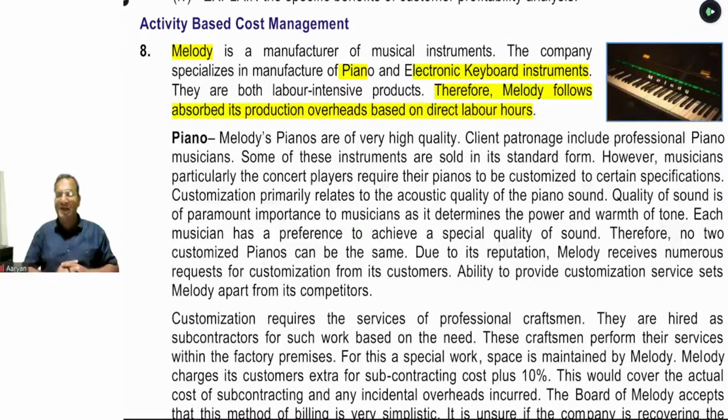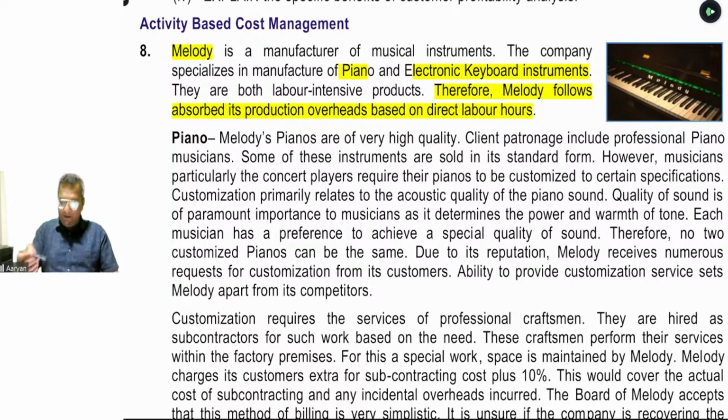So the blanket recovery rate, that is overhead recovery rate for the entire factory, can be possible only and only under the traditional method. In ABC method, there must be multiple recovery rates, है ना? तो यहाँ पे क्योंकि सभी ओवरहेड को they are recovering on the basis of only one base, that is direct labor hour. Therefore, the method currently followed by them is a traditional method.